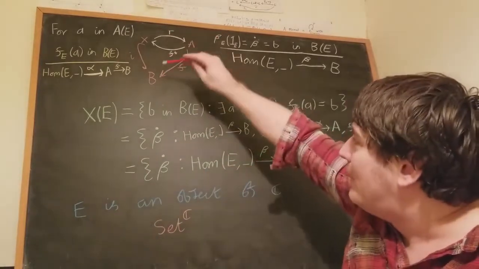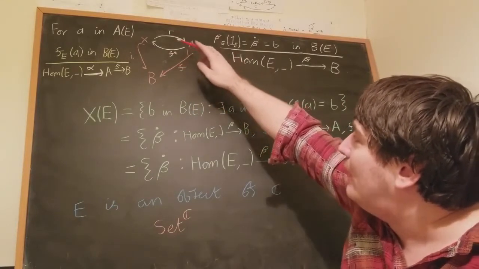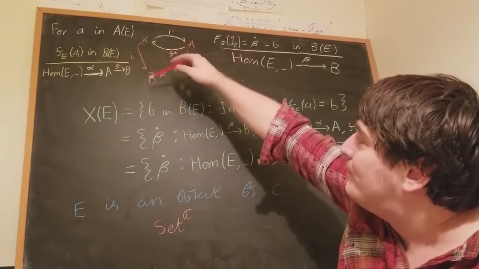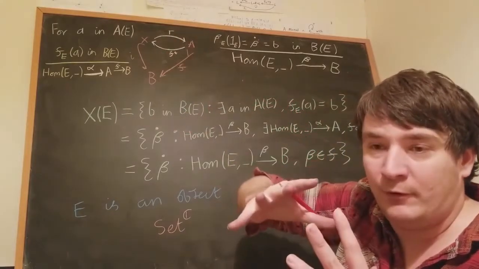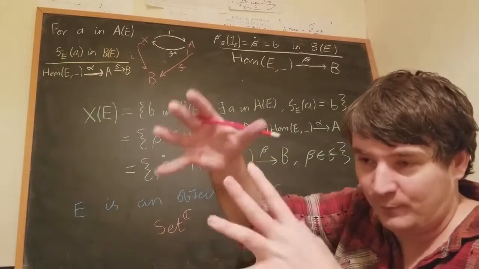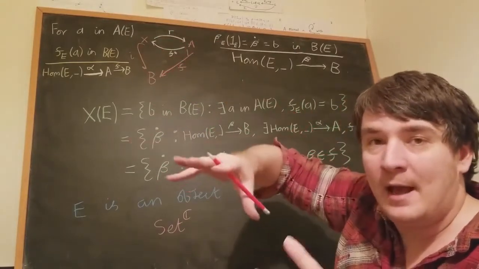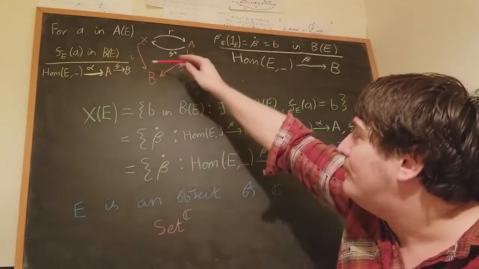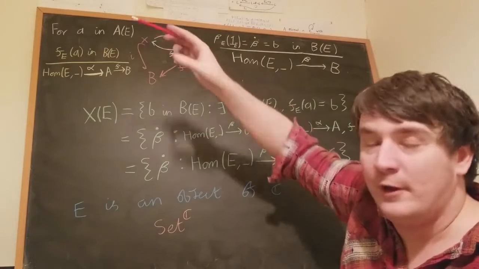actions, and we can think of our monic f as describing this substructure x, which is like selecting subsets of the different sets involved in B in such a way that they're closed under the action.